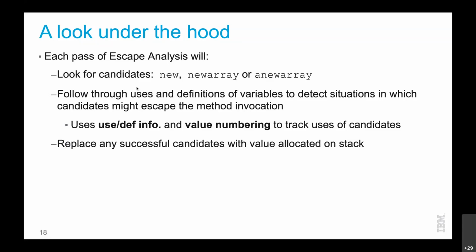Any candidates that it determines do not actually escape will be allocated on the stack. And then it decides at the end whether it wants to request another pass if it sees additional opportunities or has opportunities that it has deferred for reasons that I'll describe later. It might then request that another pass of escape analysis be applied to try to clean up those or stack allocate those additional cases.